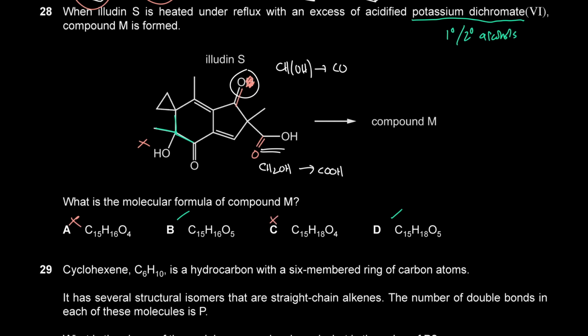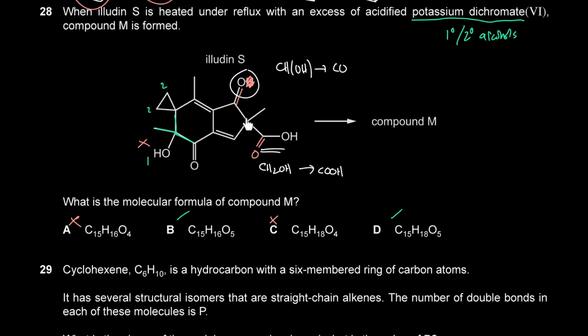So we've narrowed down our choices. Now we just have to count the number of hydrogens. We have 2 here, we have 2 here, so that's 4. We have none over here, none here, none here. We have 1 here, so that's 5. We have none here, none here.